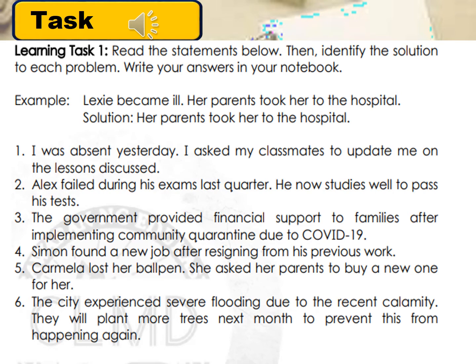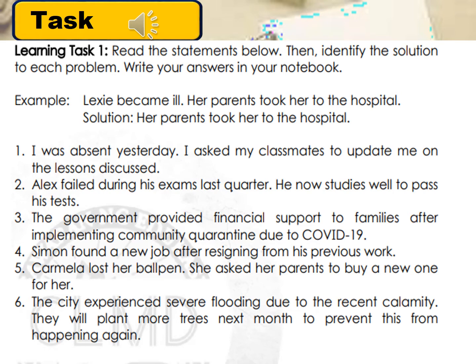Number 3. The government provided financial support to families after implementing community quarantine due to COVID-19. Number 4. Simon found a new job after resigning from his previous work. Number 5. Carmela lost her ballpen.